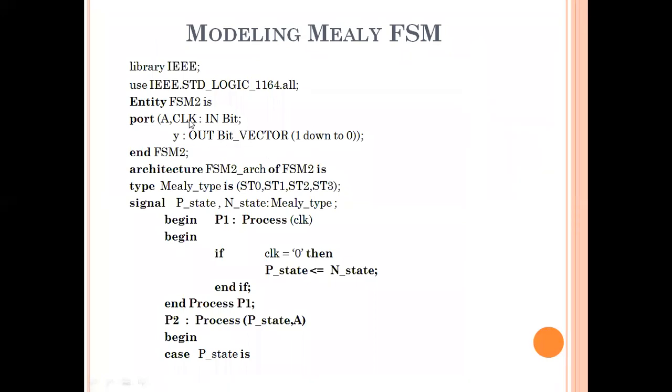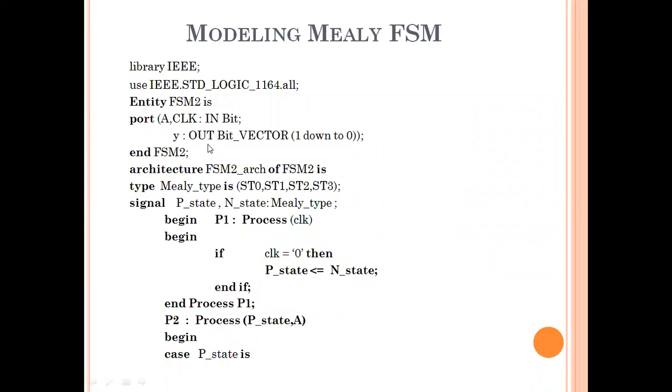The clock is also an input signal, because an FSM is implemented as a sequential machine, so its operation depends on the clock. The clock should be mentioned as an input. Here A and clock are declared with mode in and data type bit. Y is the output signal with mode out and data type bit_vector 1 down to 0.